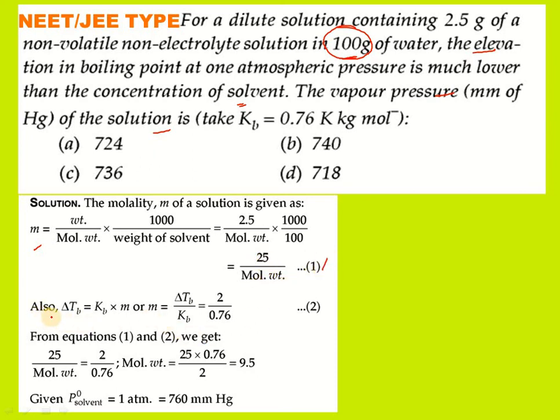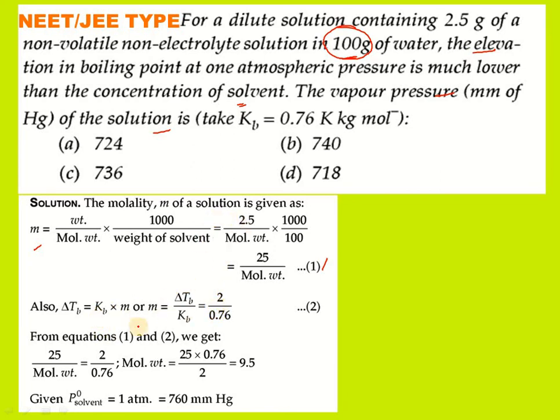Coming to the delta Tb formula, delta Tb is equal to Kb into molality, and the value we got is 2 by 0.76, because the delta Tb value here is equal to 2. Why do these values need to be substituted?